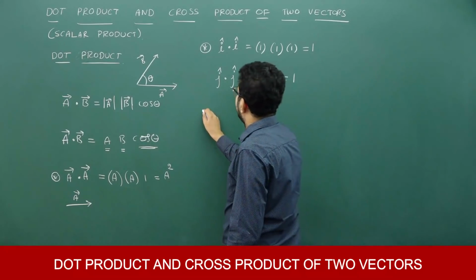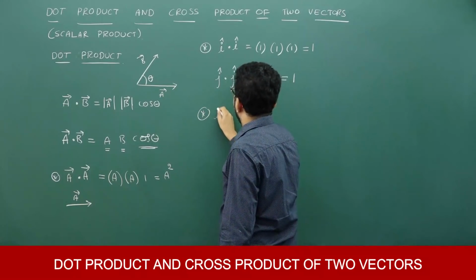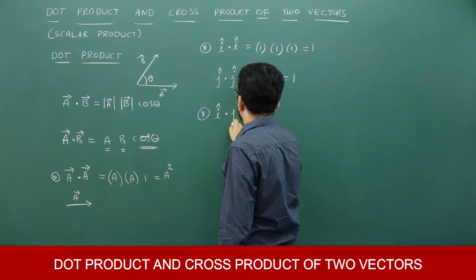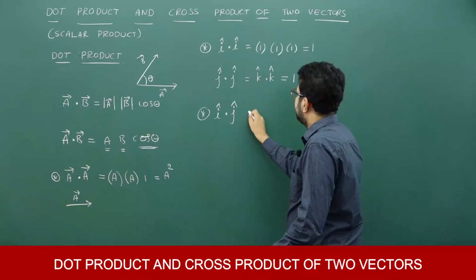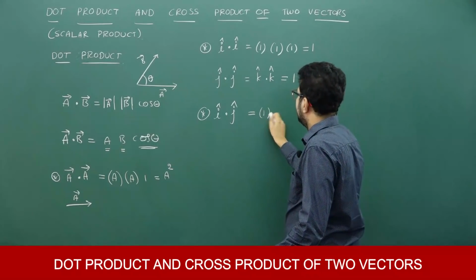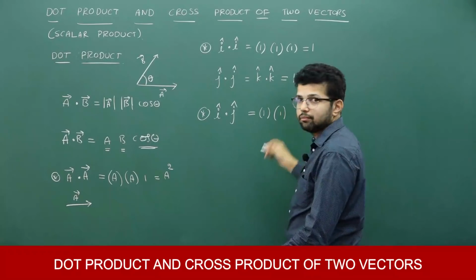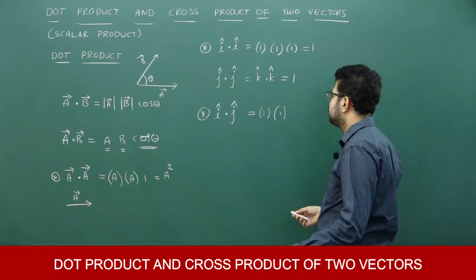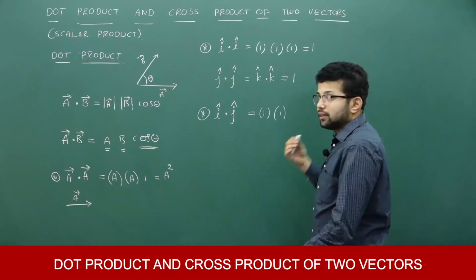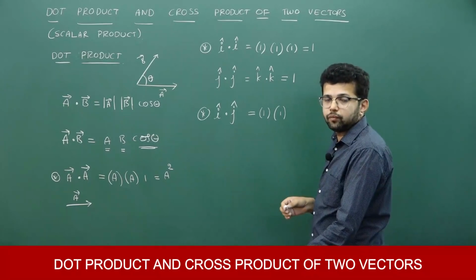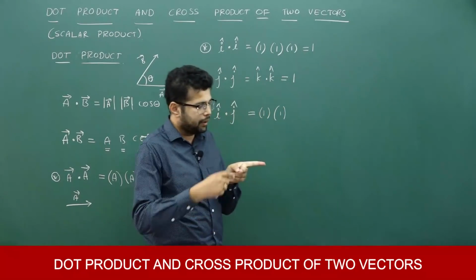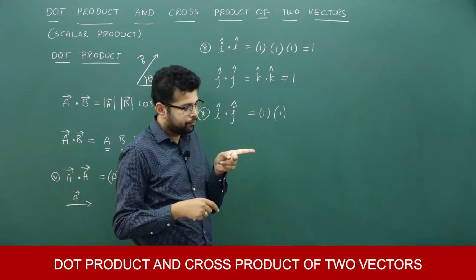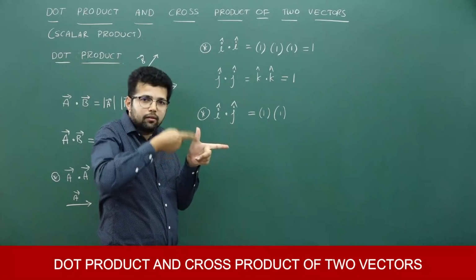Now, we will see what if we do I dot j. Magnitude of I cap is 1 into magnitude of j cap is 1, because both are unit vectors, into cosine of the angle between I and j. The angle between I cap and j cap is 90 degree, because I cap is a unit vector along the x axis and j cap is a unit vector along the y axis.